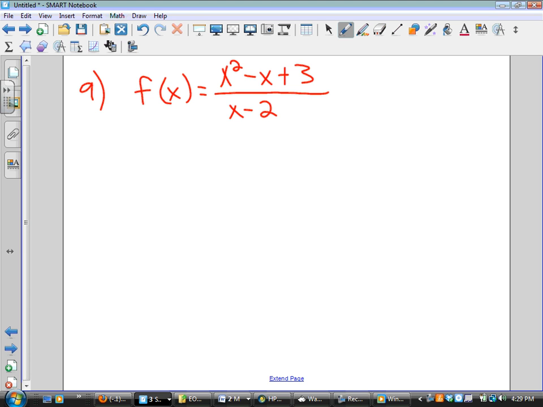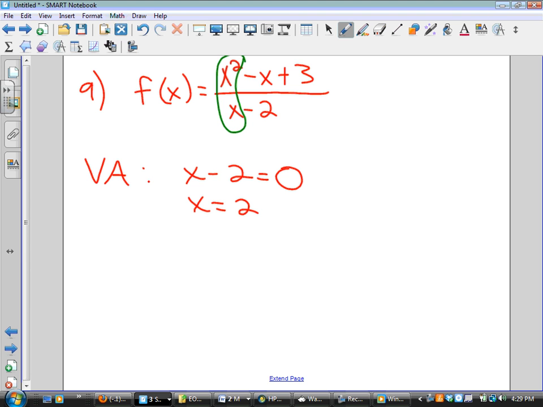To find the vertical asymptote, all we need to do is set the denominator equal to 0. So x minus 2 equals 0, so then x equals 2 is the vertical asymptote. Okay, so now to determine if there is a horizontal or oblique asymptote, we have to look at the powers in the leading terms, so the terms with the highest powers.